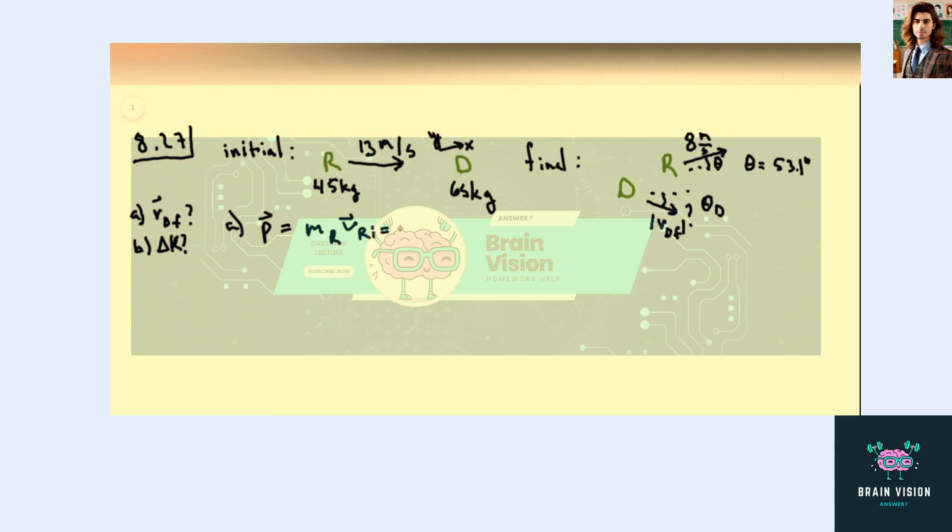And then this has to be equal to her mass times her final velocity plus Daniel's mass times his final velocity.